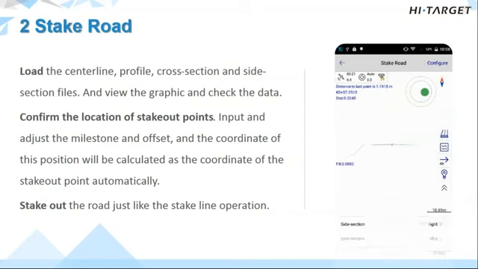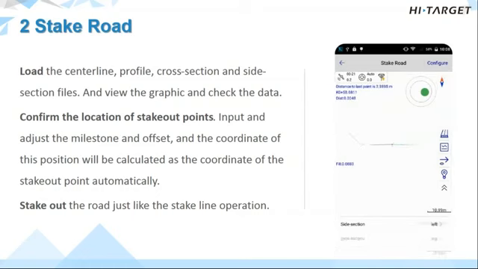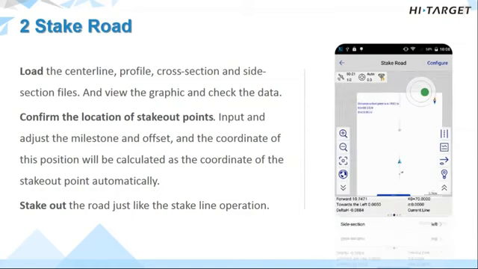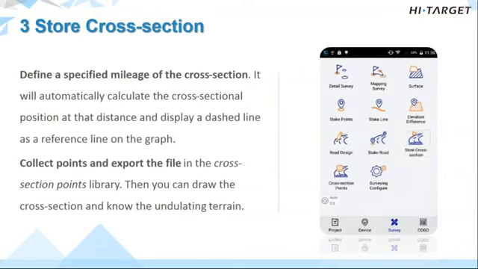In the cross-section view, you can see the red dots. It means your corresponding position of the current position. And in the road staking out, you can get the fill or cut value. This is about the road.